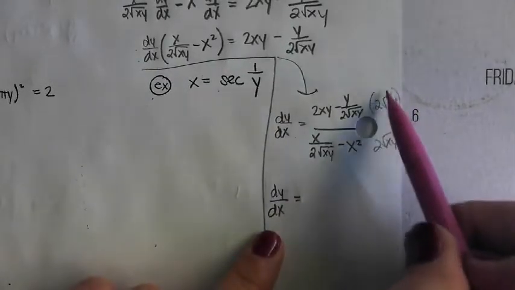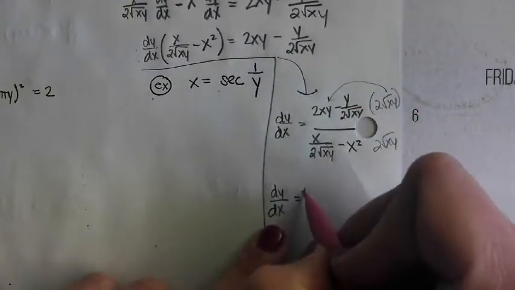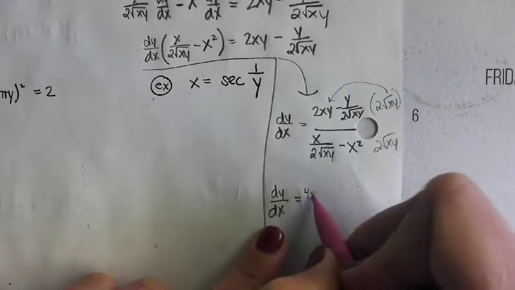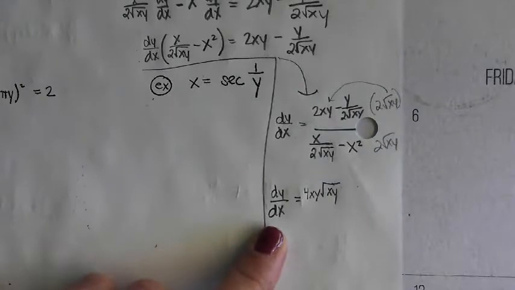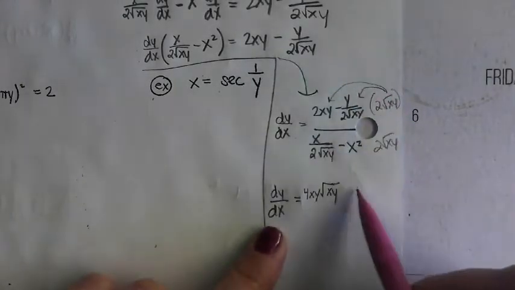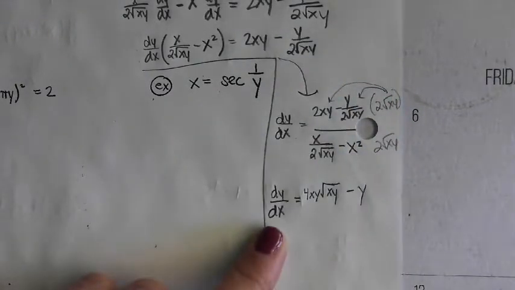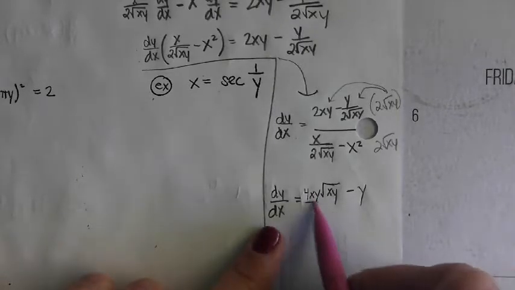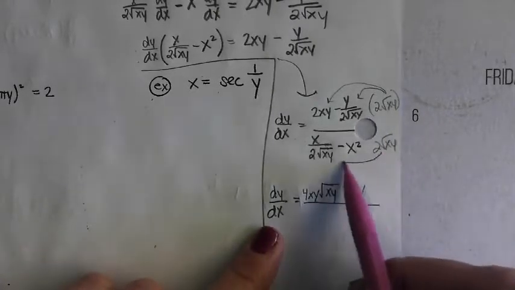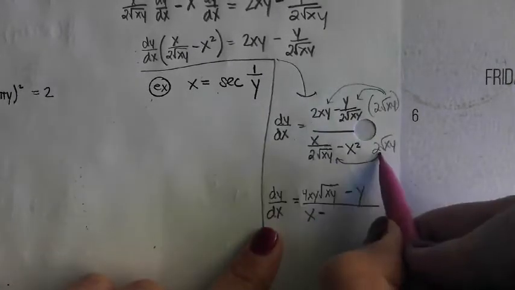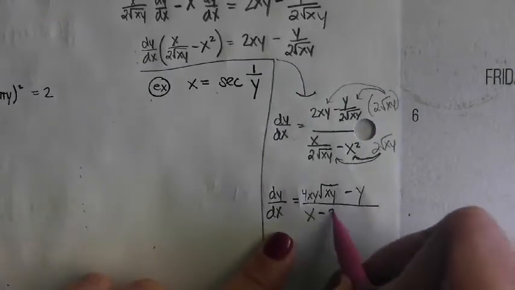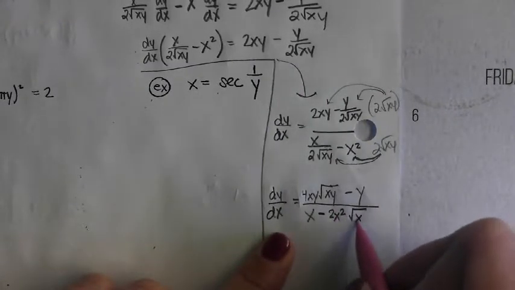So when you distribute up top, you get 4xy root xy on the first term minus y on the second term. On your denominator, when you distribute, you get just x minus, on the second term, 2x squared root xy.